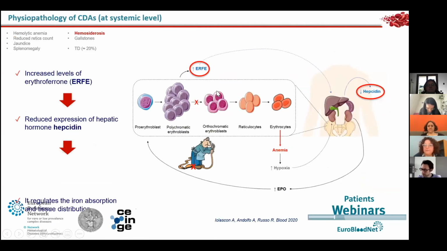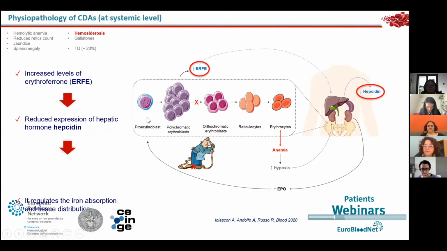And another important aspect related to this condition, that is erythroid hyperplasia, is the hemosiderosis. Hemosiderosis means increased levels of ferritin, as we will see, and also increased levels of transferrin saturation. And why do we have this condition?